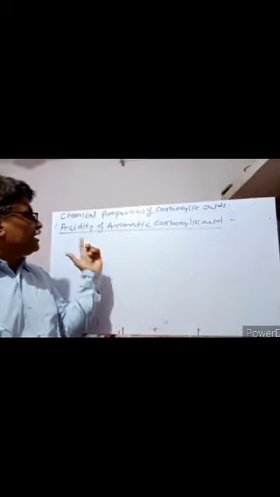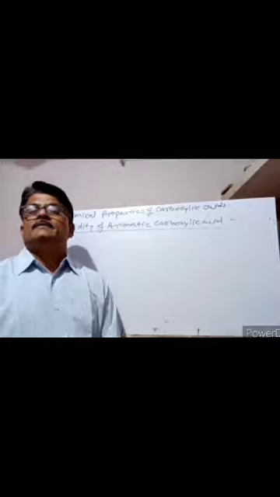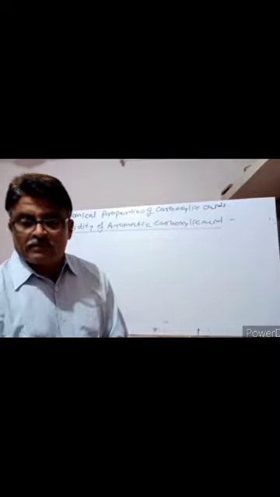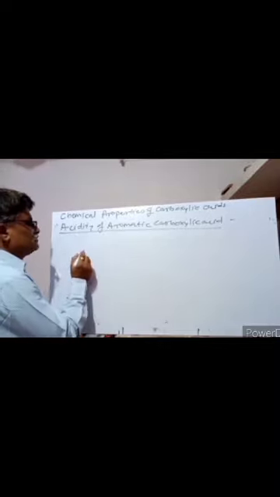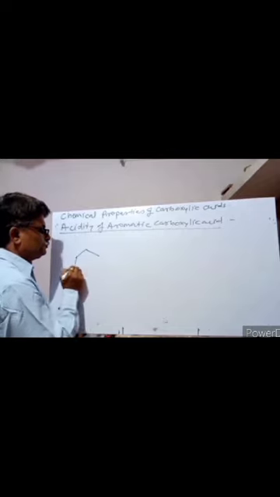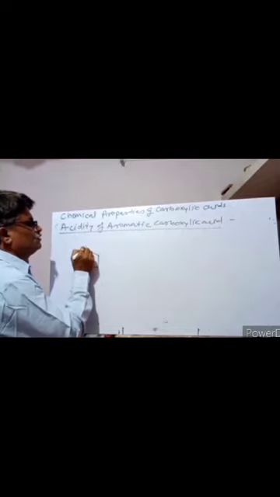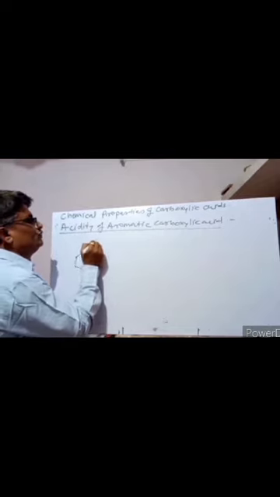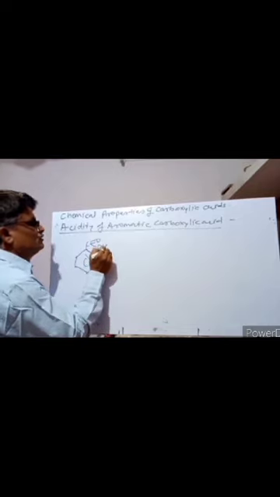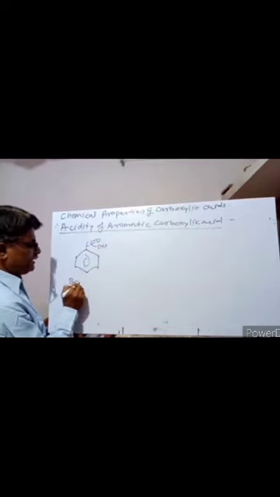Acidity of aromatic carboxylic acid. If we consider an aromatic acid, that is benzoic acid, C double bond O OH, this is known as the aromatic acid, benzoic acid.